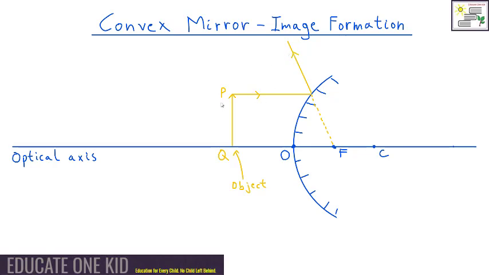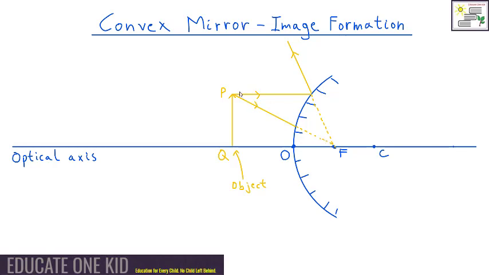Now we will have to draw another light ray from the top of the arrow. Let's draw our second light ray traveling towards the focal point. So let me draw it like this. So if I were to extend this line, you would see that it would reach the focal point like that.